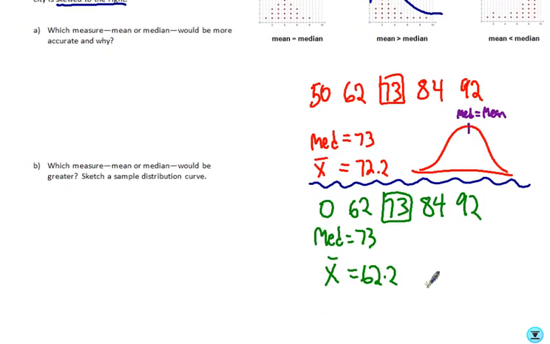If I draw my curve on this one, I had my median, which in this case was 73, and that was the same for both. But that test you were cheating on brought your average down to 62 as compared to 72. So your average slid down here a little bit. We're just estimating, but let's say that's your mean.